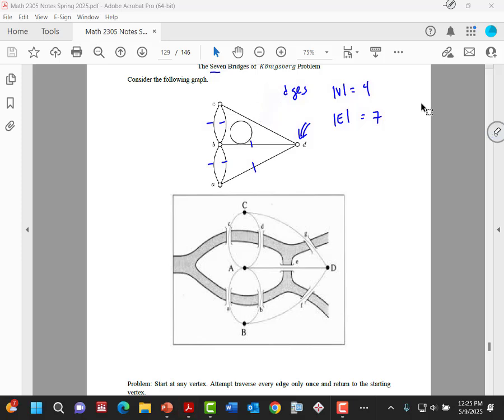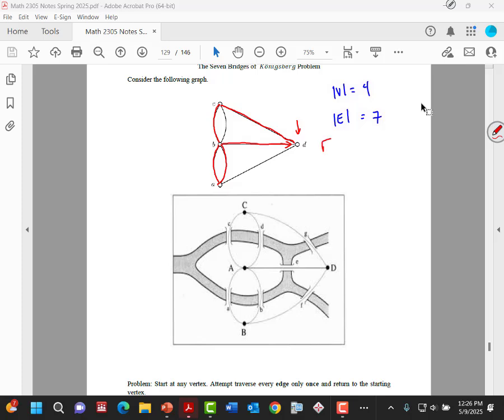And so the idea of the problem is, is it possible to start at a vertex and traverse every single edge once and only once and return back to the vertex?